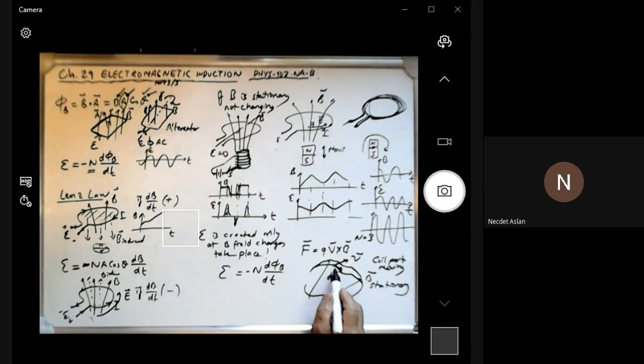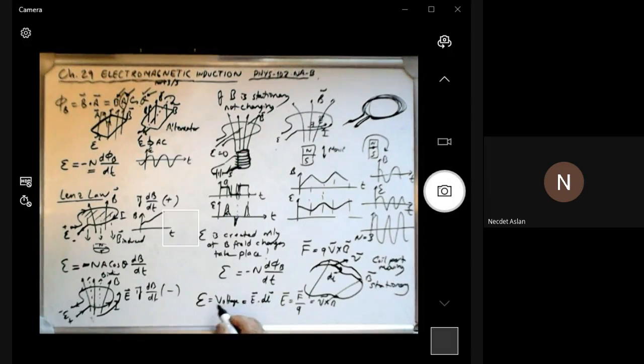Now, if we want to write the electric field that this little charge experiences, it will just be equal to F over Q, right? So the electric field for this little charge will be just V cross B. But the potential difference, or the voltage, is just E times dl.